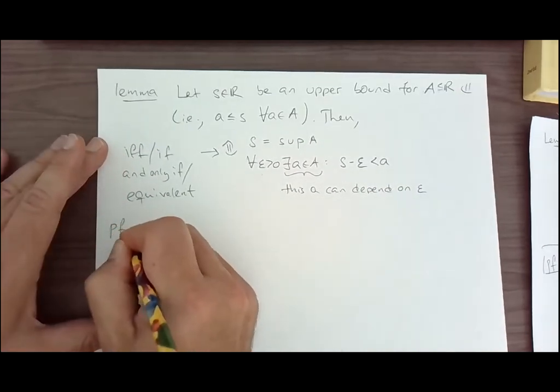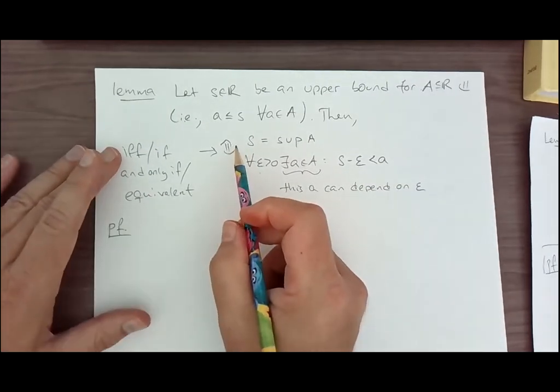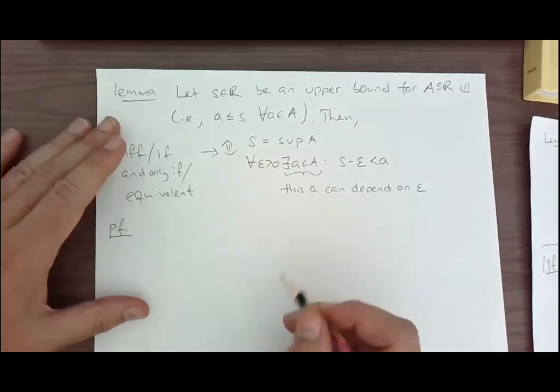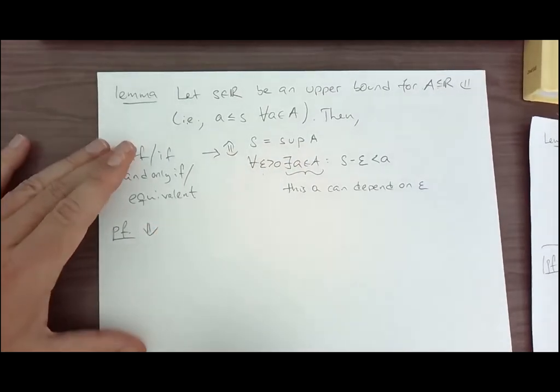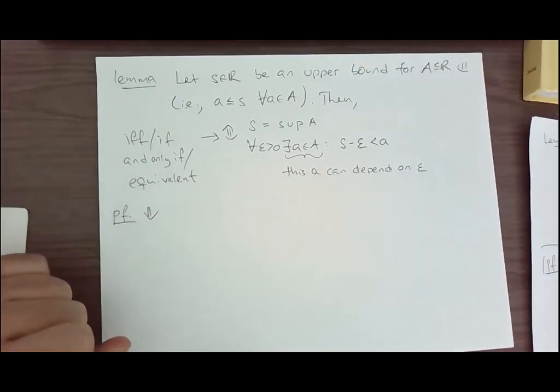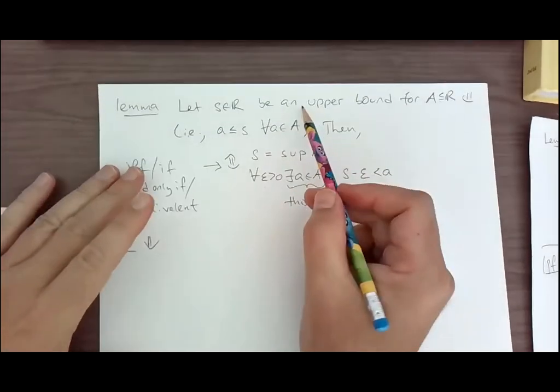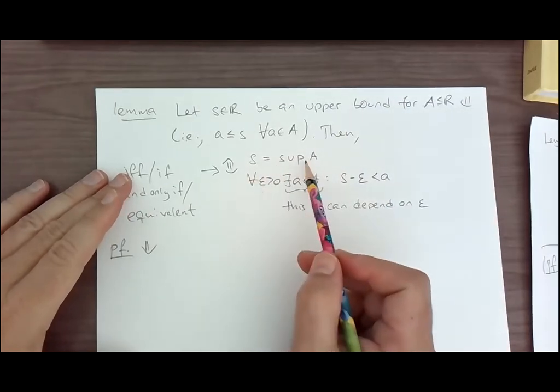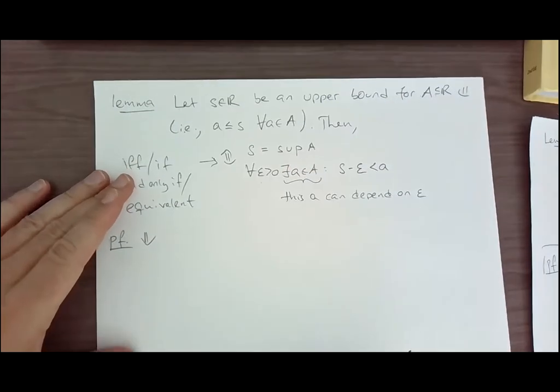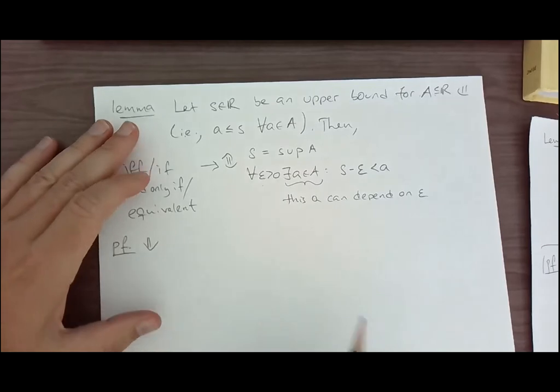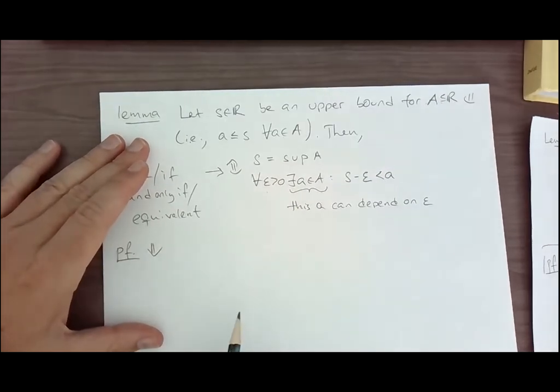So you give a proof. If there is an if and only if statement to be proven, there are two things you have to prove: a down direction and an up direction. So let's start with the down direction. Say that S is not just an upper bound, it is indeed the smallest upper bound there is. Then what we have to do is prove the statement.